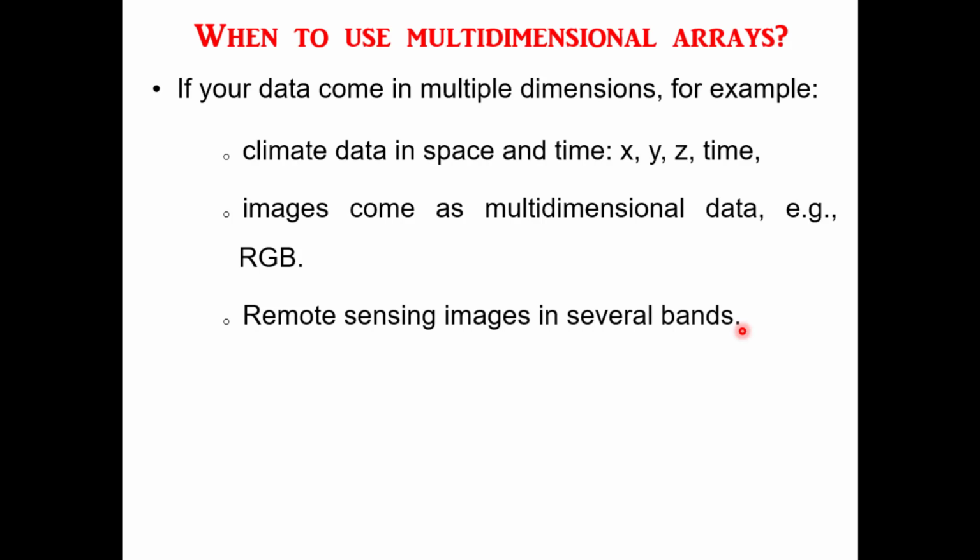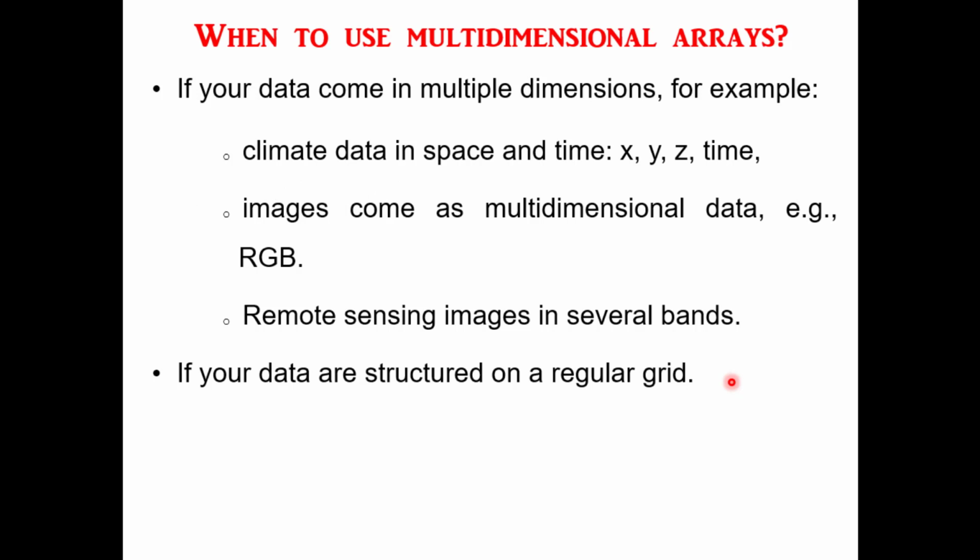If your data come in multiple dimensions, for example, climate data in space and time, where you have X, Y, Z, and time, 4 dimensions, or images that come in multidimensional datasets, such as RGB values, red, green, and blue values, or remote sensing images that come in several bands, such as the Landsat 8 images.